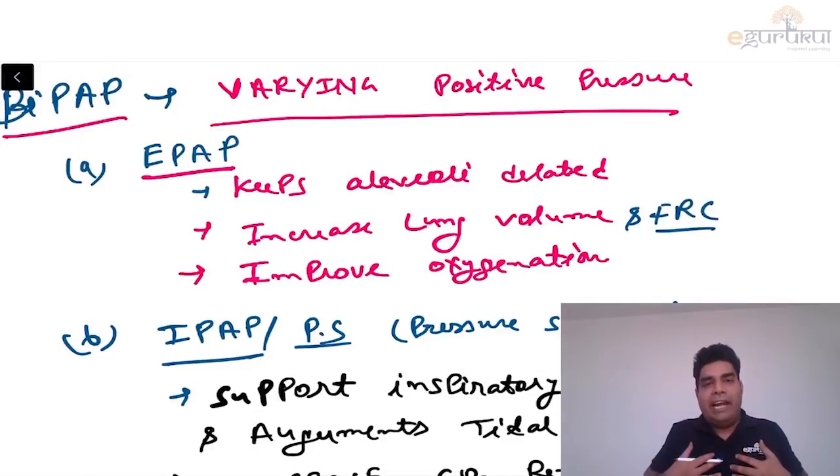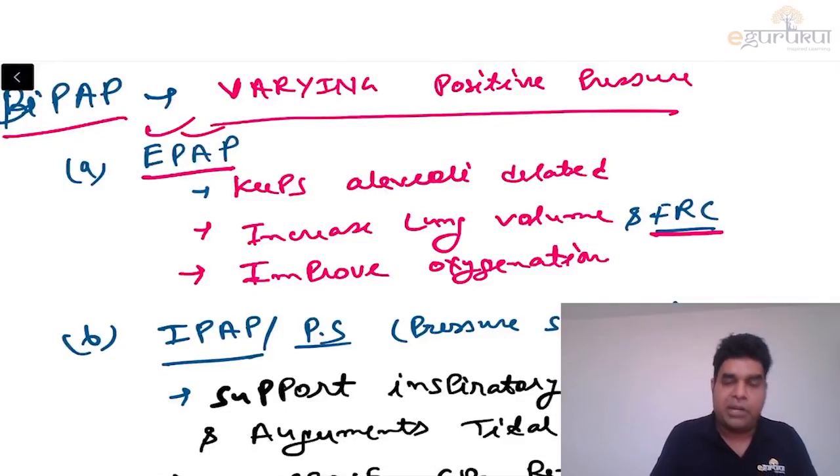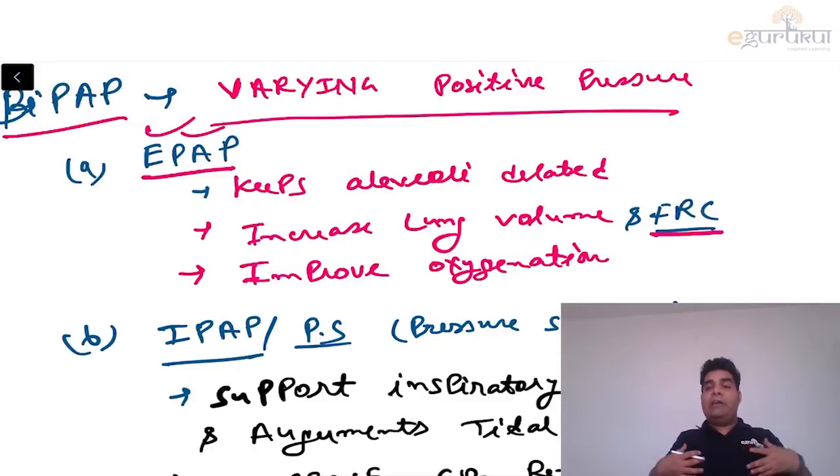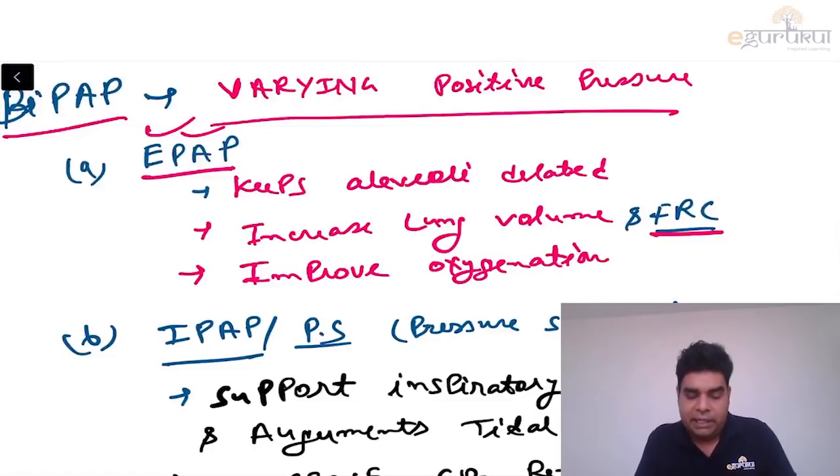And when alveoli dilate very well, the lung volume increases. So when the lung volume increases, the functional residual capacity of the lung also increases, and it improves oxygenation. So positive pressure during expiration makes alveoli larger, increases the lung volume, and increases the functional residual capacity.